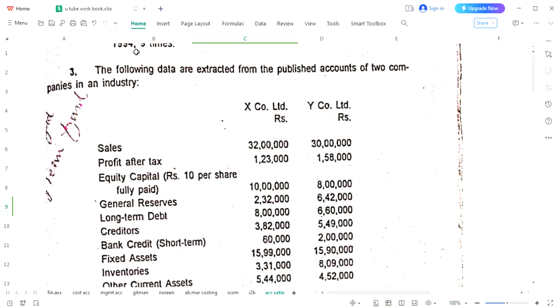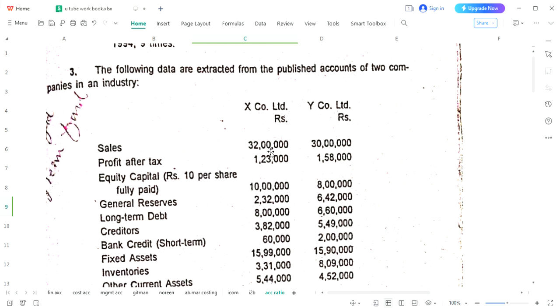Alright, let's get back to the question. Here only sales are mentioned and cost of goods sold is not given. Please repeat what I have said. Sales are given, but cost of goods sold is not given. Gross profit is not given. So we will assume, repeat this word, we will assume that these sales are net credit sales as no other information is available.